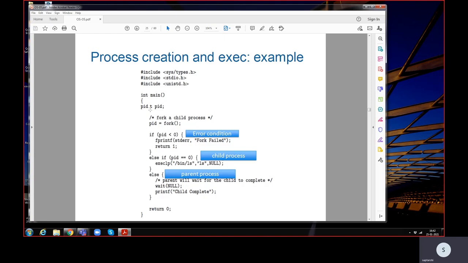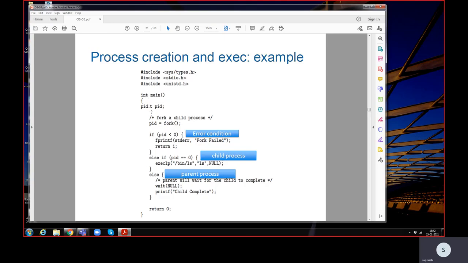I think this type is typedef'd in sys/types.h. I don't fully remember whether it is in sys/types.h or unistd.h. That you can check, but I think it's in sys/types.h. This is the declaration of this type called pid_t.